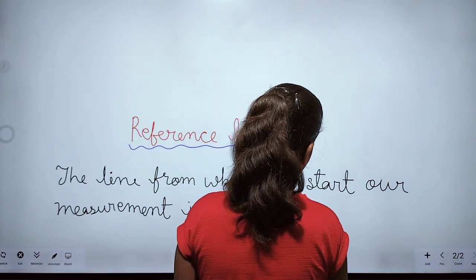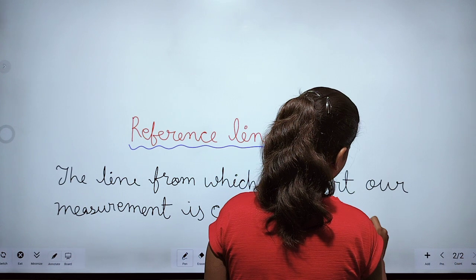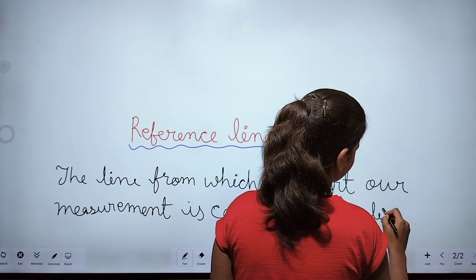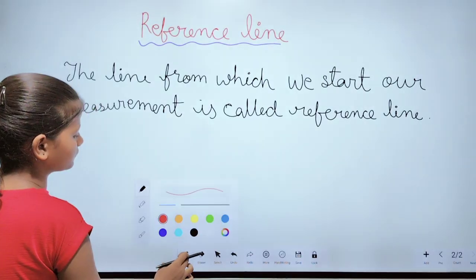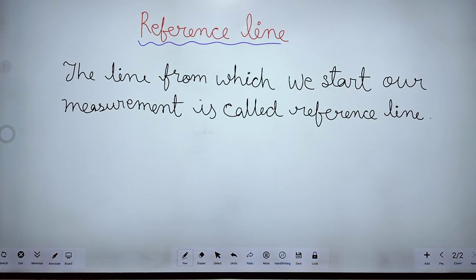Okay, what is a reference line? The line from which we start our measurement is called the reference line.